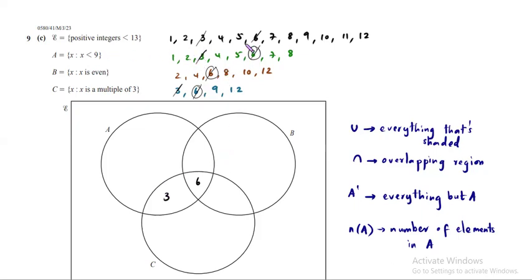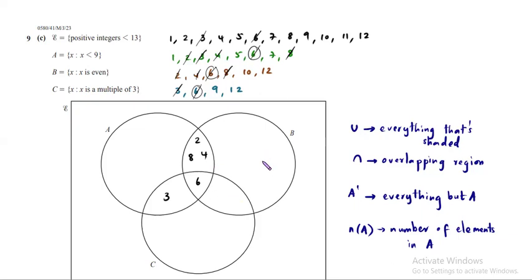When we consider A and B, they share 2, 4, and 8 in common. So we are done writing the 2, 4, and 8.